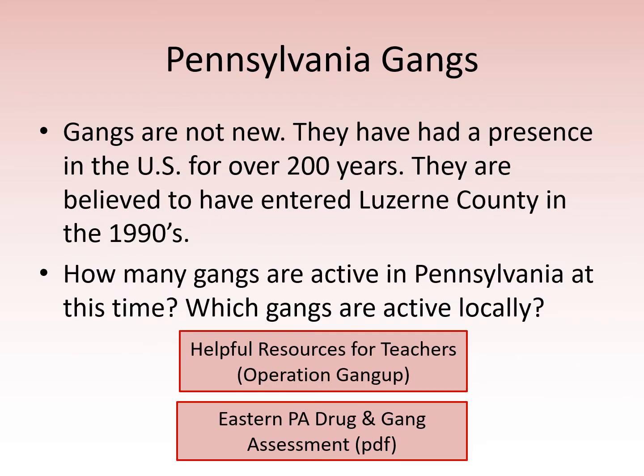Realize that gangs are not new. They've had a presence in our country since the inception of our country. When you think about it, as people immigrated into this country and they entered through Ellis Island into New York City, people felt comfortable joining with other people of their ethnic background.